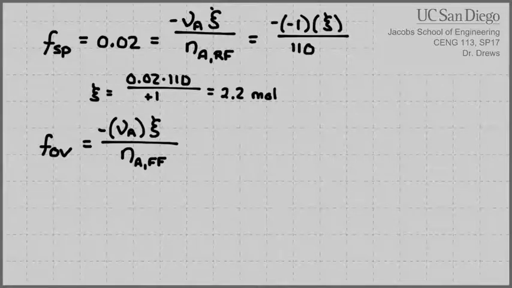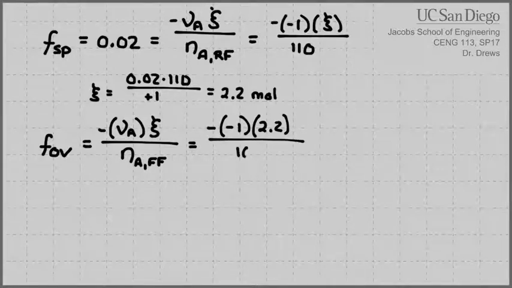This was already given to us, so we can look at this as minus the quantity of -1 times the extent of reaction, which is 2.2, divided by the amount of A that was fed, which was 10 moles. And so our result is that the overall conversion is 0.22, which is equal to 22%.